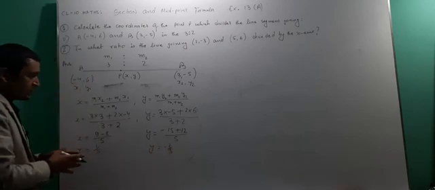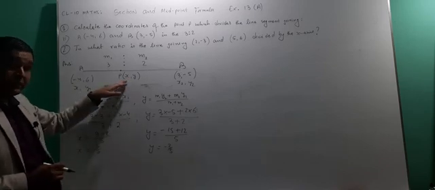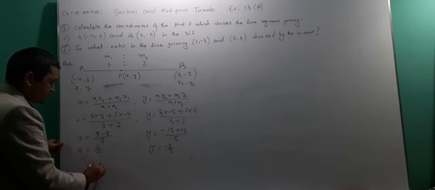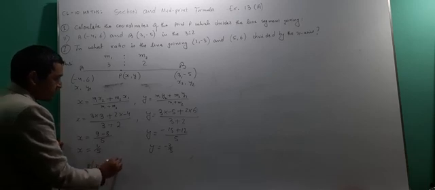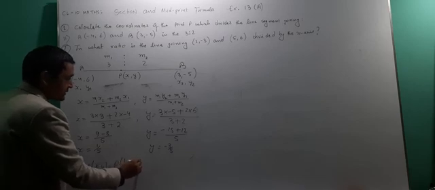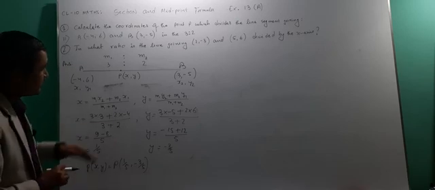Now after getting the value of x and y, to find the coordinate of P, write them together. P coordinate is x comma y, that means 1 by 5 comma -3 by 5. This way you have to find the coordinate of the dividing point.